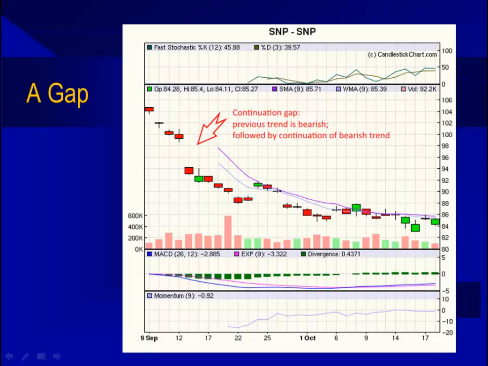And you can usually make a pretty good prediction that the stock is going to continue its bearish trend and make some money. So if you got into this trade at the time of the gap where it was 94 bucks, and then you got out here, you would have made $10 profit per share.